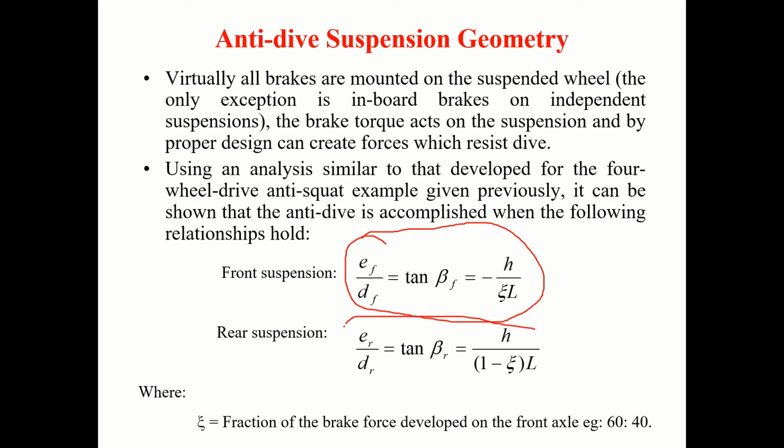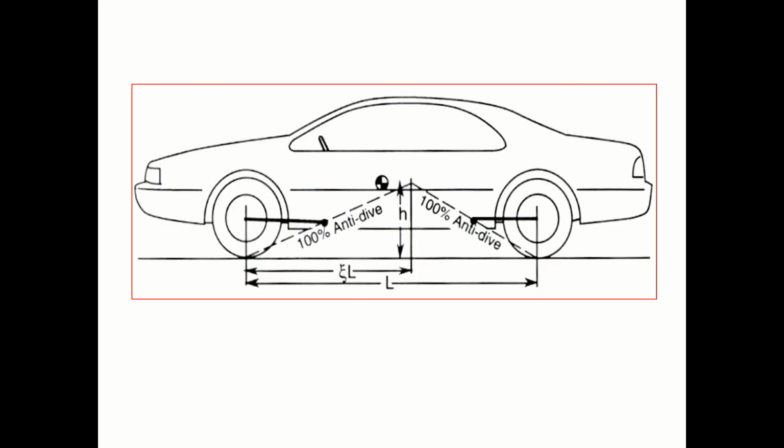The same way, we have to have a rear suspension. This is the ratio. That means take the height of the center of gravity, take zeta L from here, maybe it is 0.6 of L. If it is 60-40, then you need to connect this arm on this line. So similarly, this one is for anti-dive.